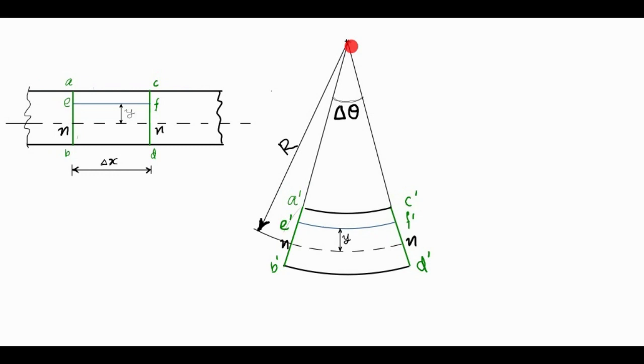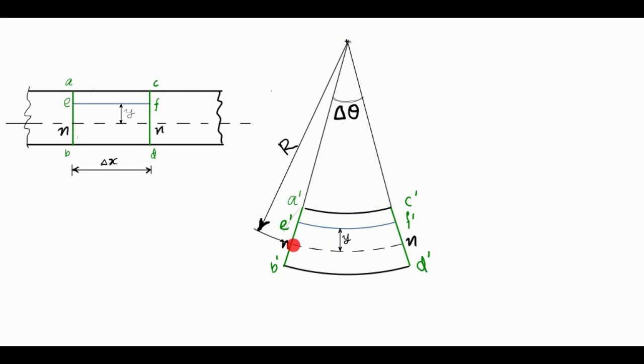That means all have the same center, that is here. So we define the radius of curvature as the distance from the center of curvature, the center of the arc, to the neutral axis.